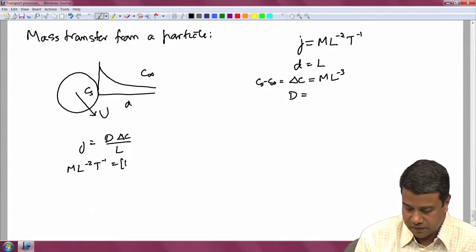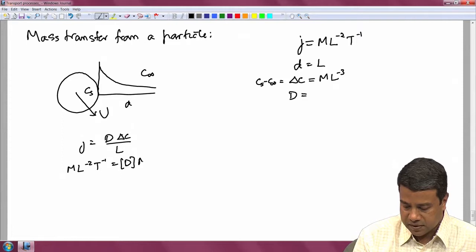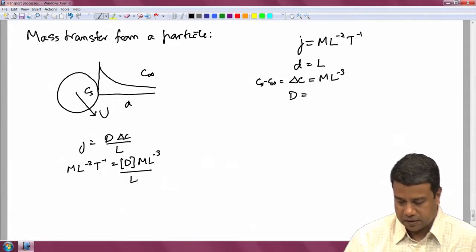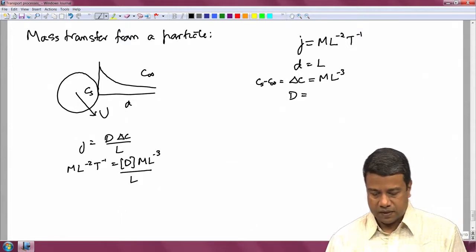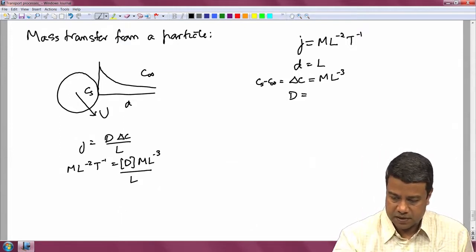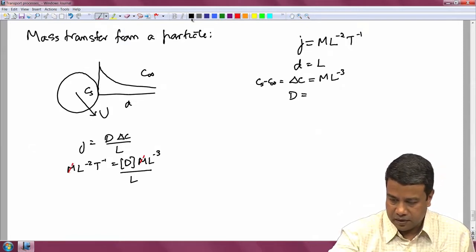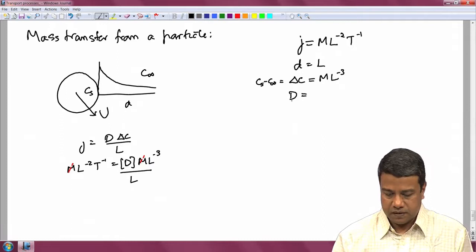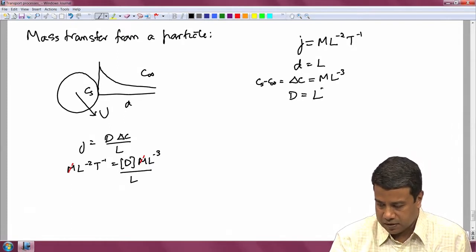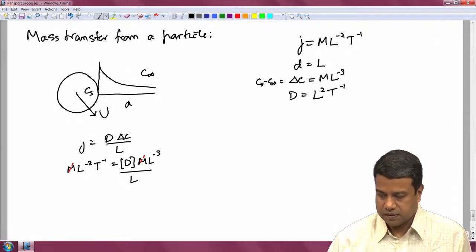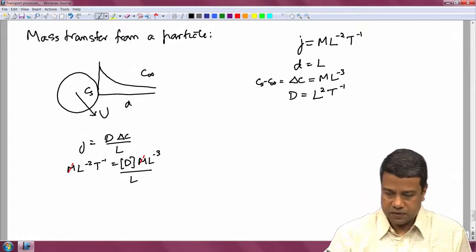Delta C has dimensions of mass length power minus 3 divided by length. And from that, you can see that the mass dimension cancels out on both sides, and you find the dimension of the diffusion coefficient to be length square T inverse. So, that is the diffusion coefficient.